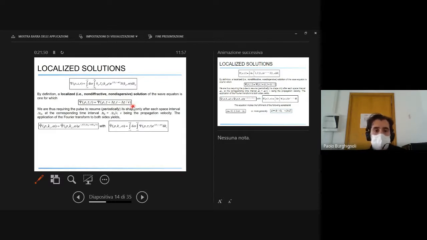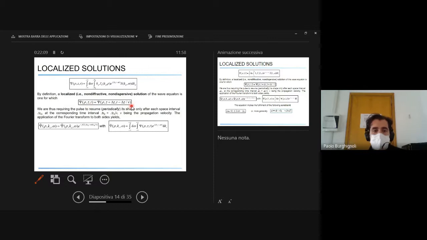And what amount of time? Well, the amount of time that is required for a wave to travel that distance, that is delta z, with a constant velocity, that is the velocity of the wave itself.